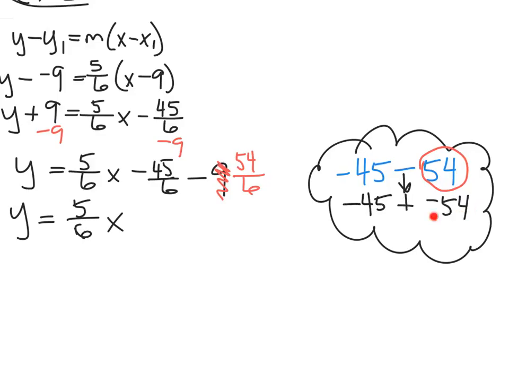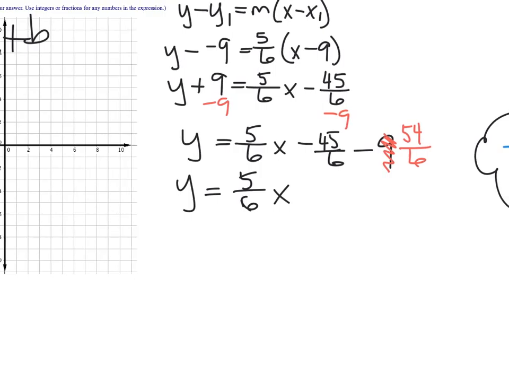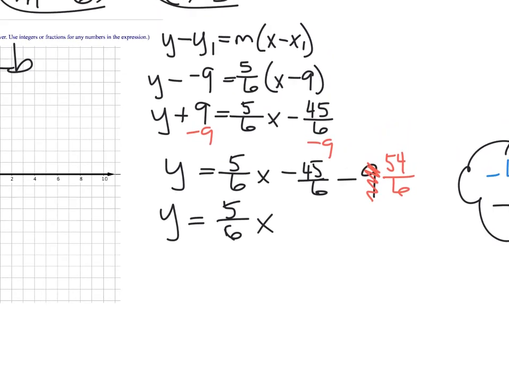So really, we're going to add and have it be a negative. So it ends up being negative 99. So that's our scratch work. So I'm going to go back to our equation over here. So this ends up being negative 99 sixths. Now technically we're done, but we can simplify that 99 sixths.